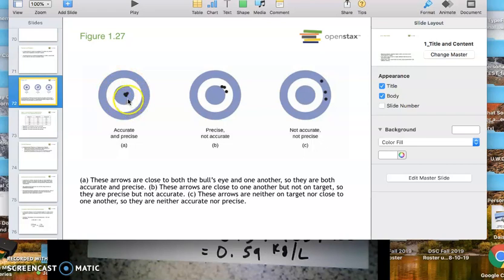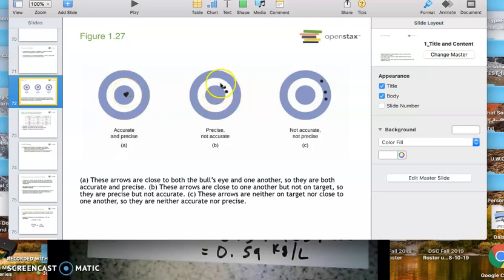In this case, because we're looking for the bullseye when we're doing experiments, we're looking to be able to determine with very high accuracy the true accepted value sometimes. If that were the case, then our values would be close to the accepted value, the bullseye, right? So here we have 3 values that are very close to one another too. So they shot 3 arrow shots that are very close to one another, and so it's also precise because there's very little difference each time they shot the arrow.